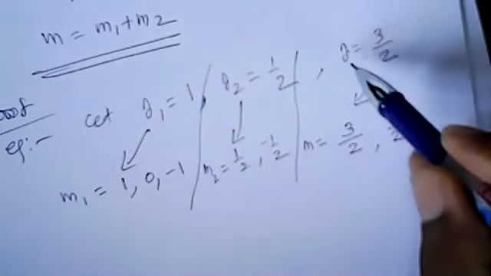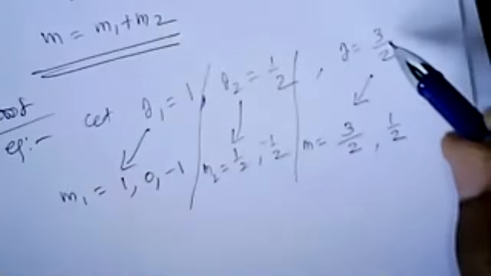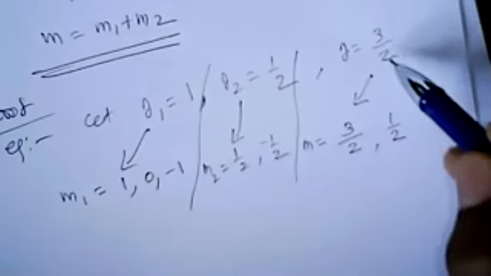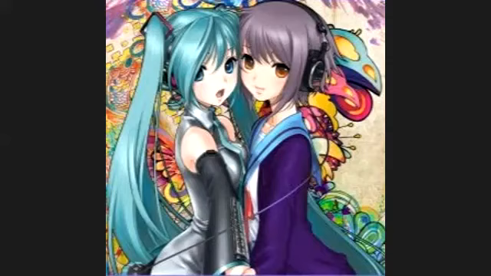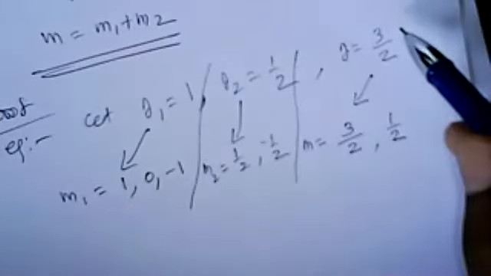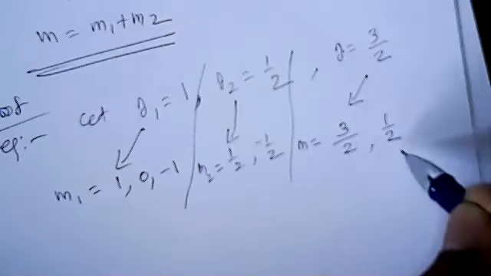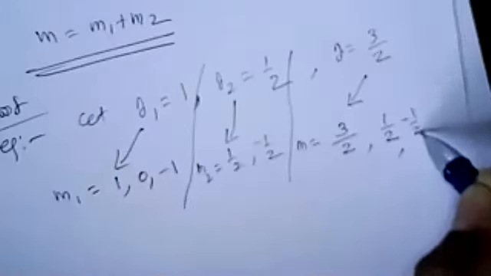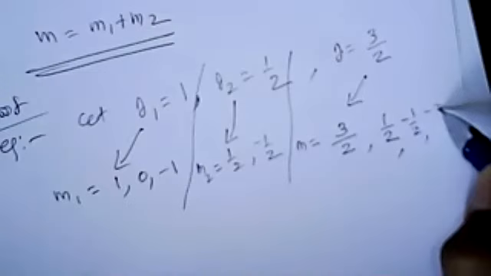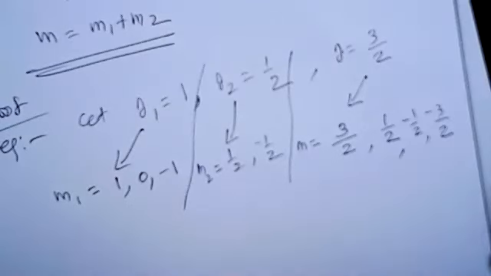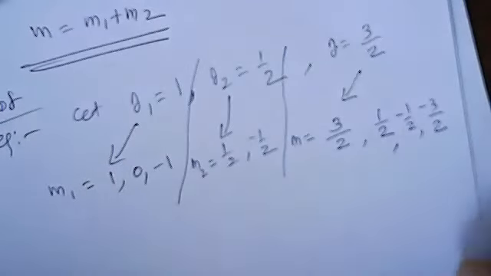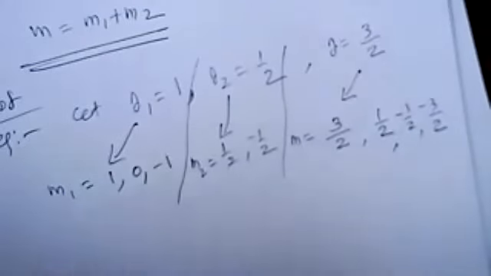What is 2J plus 1? 3 by 2 into 2, 3 plus 1, 4 values. Okay. We have 4 values: 3 by 2, half, minus half and minus 3 by 2. Okay, we have 4 values for J.